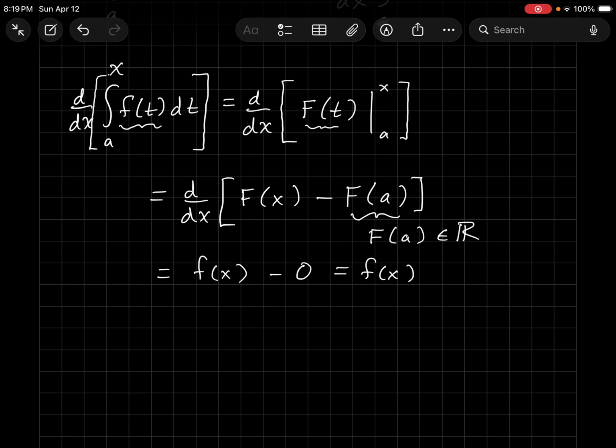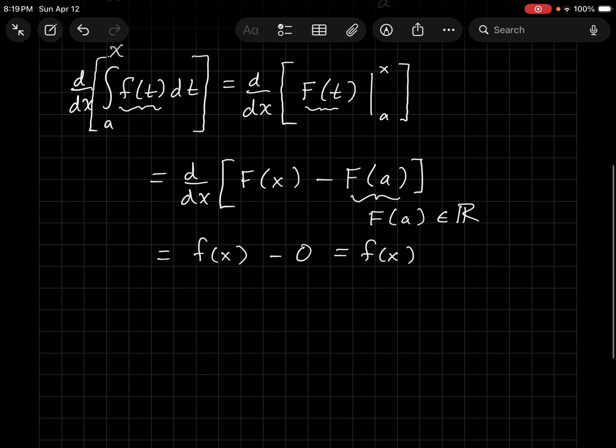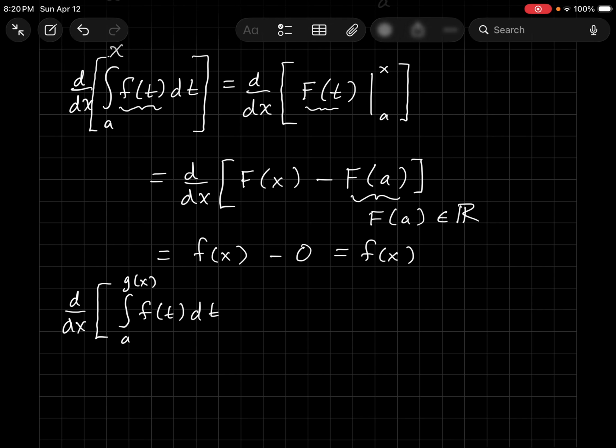What if we have a slightly more complicated problem, where we take the derivative with respect to x, and I'll put my implied parentheses here, but they will be explicit in this case, from some number a to a function g of x of little f of t dt.